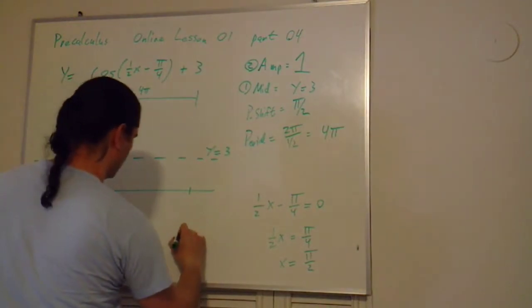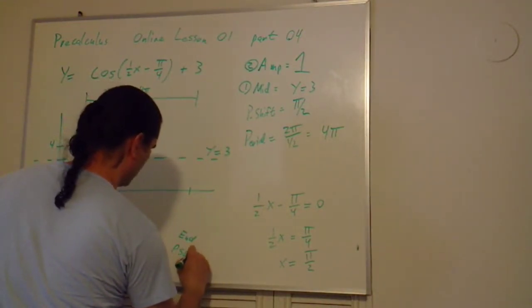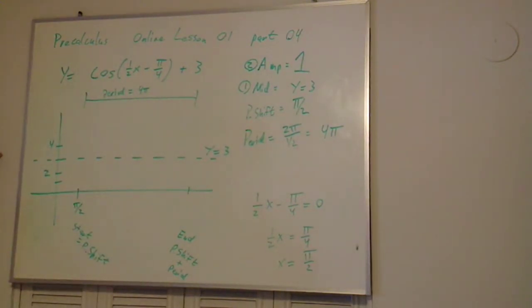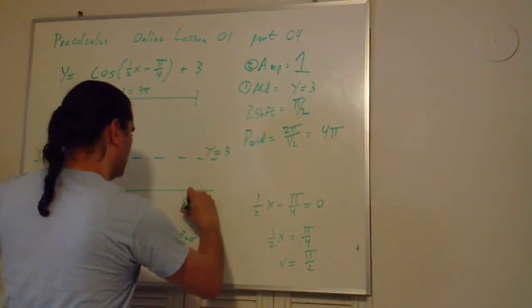So this is a trig function with all 4 transformations being present and accounted for and doing weird things.